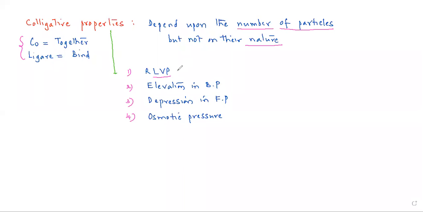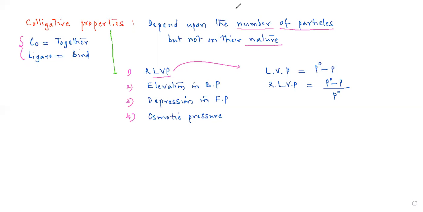We've already discussed lowering of vapor pressure and relative lowering of vapor pressure. Lowering of vapor pressure is nothing but P naught minus P. Relative lowering of vapor pressure can be given as P naught minus P by P naught.